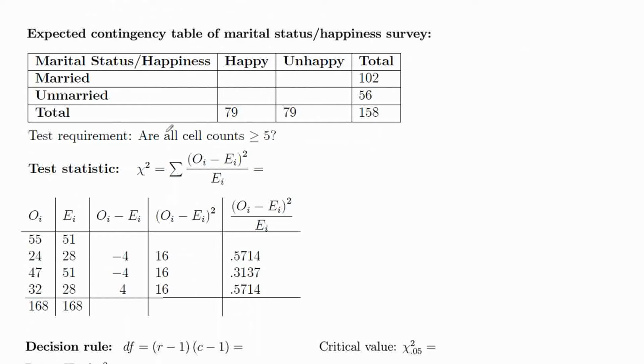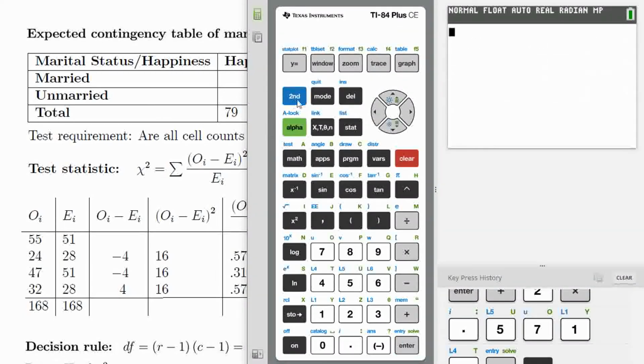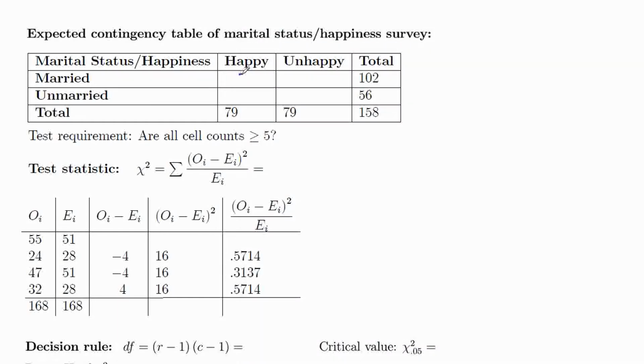And let's go ahead and compute some of those expected counts. So the expected count here for married happy, you're going to do the row total 102 times the column total 79 and divide by 158. So let's go ahead and do that real quick. So 102 times 79 divide by 158, so 51. And do the same thing here for married unhappy.